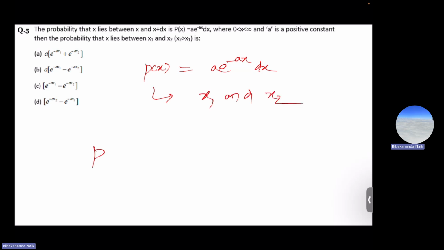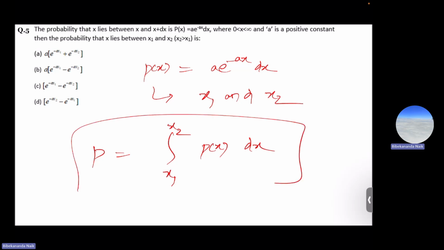So what will be the probability? It will be the integration with limits x1 to x2 of p(x) dx. We need to find the value of this integral, and that will be the answer.